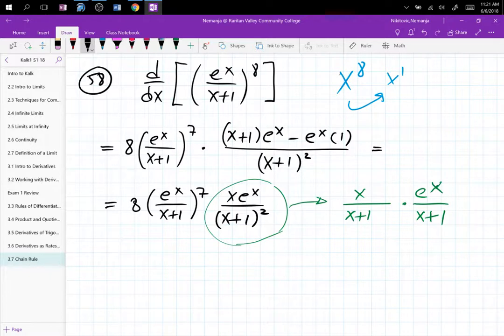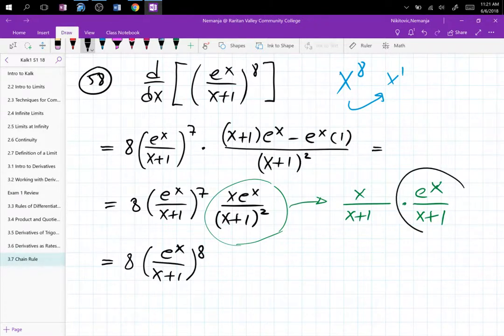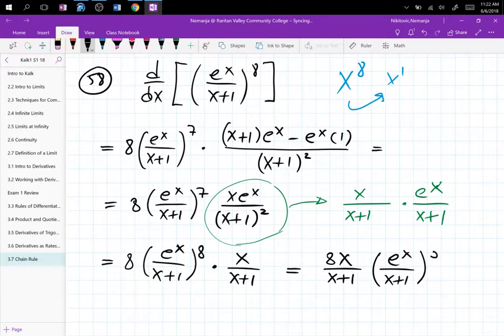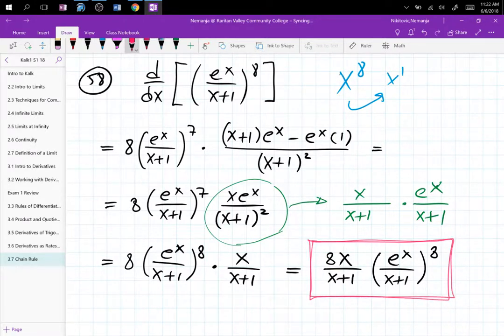So what I get now is 8 times (e to the x over x plus 1), now to the 8th power, because I'm bringing this one in, times x over x plus 1, for the total of 8x divided by x plus 1 times (e to the x over x plus 1) to the 8th. Why do I want to simplify this? The more I simplify, the easier it is to set it equal to 0 and do chapter 4. That's the reason.